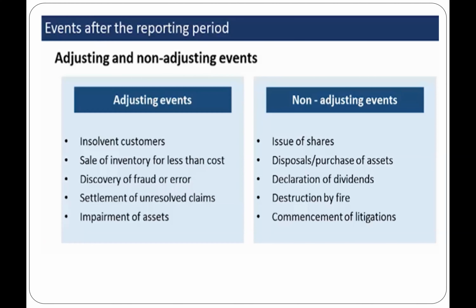All right. Then a settlement of unresolved claims. I think we talked about a similar transaction from a provisions perspective. You made a provision at the end of the year, maybe 31 December 2022, for a litigation issue, but you didn't really know how much you were going to be asked to pay exactly. And then maybe the case is finalized on 20 January of the following year before you actually publish your financial statements for external stakeholders.